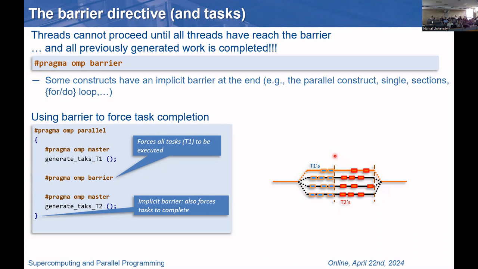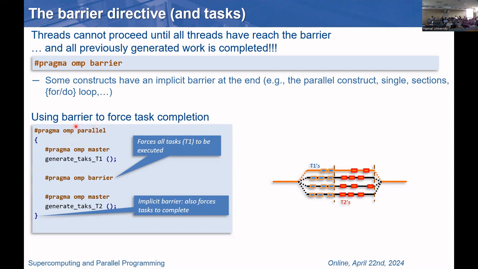We just represent it as a place where they wait for each other. Some constructs have an implicit barrier at the end. For instance, this is an implicit barrier, but it's obvious because we are closing the parallelism. So you can use a barrier in order to force task completion.